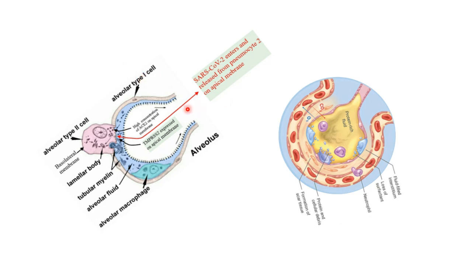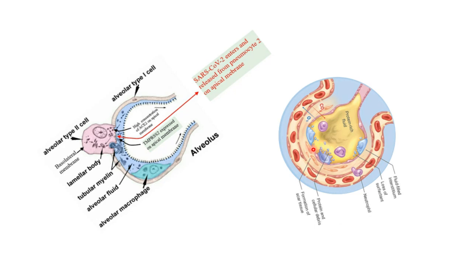So now we come to some pathological aspects. As we saw, there is a high concentration of ACE2 and TMPRSS2 on the apical membrane, and the virus is released from the apical membrane. One of the things that leads to is pathological change.